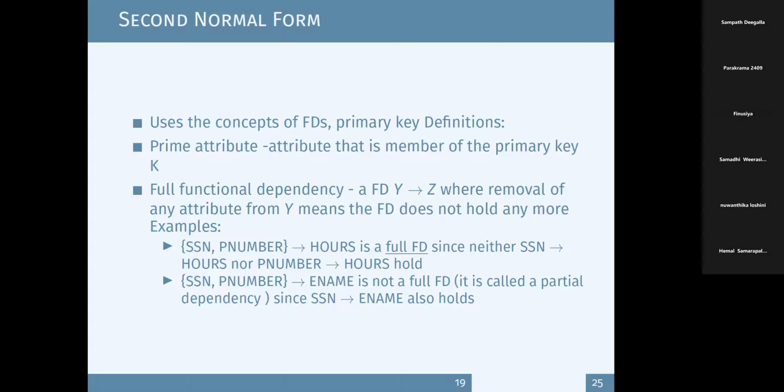So what we mean by this is, if you have social security number and project number together, we can determine the number of hours. But if you take them individually, you cannot functionally determine it. So this depends on both social security number and project number. But for employee name, it is not fully functionally dependent on both. Using social security number, we can directly determine employee name. So this is called partial dependency, and this should be avoided.